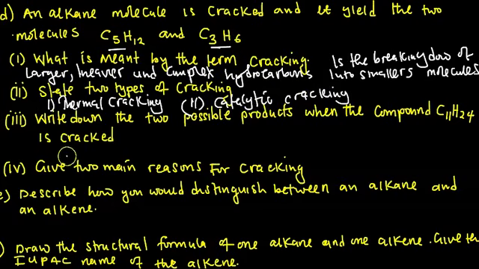Okay, what is the other question? Write down the two possible products when the compound C11H24 was cracked. So when this one is cracked, it is going to be broken down. You're saying two possible.